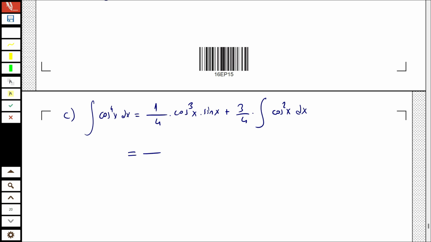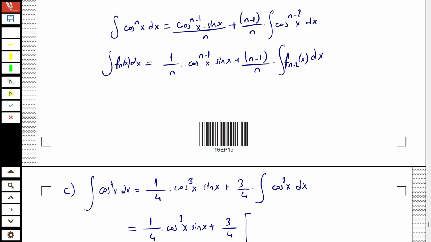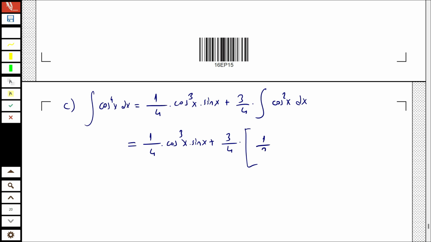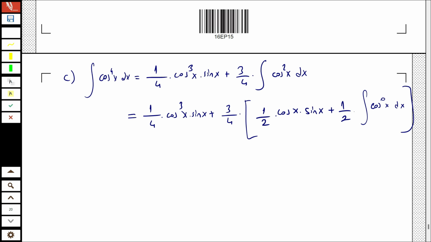And from here you can write 1 over 4 and the same expression in here. So you can also apply the formula which we found in the previous one. We will just replace n by 2. I will write 1 over 2 times cosine x times sine x plus 1 over 2 again, and integral of, it looks like, cosine to the power of 0.